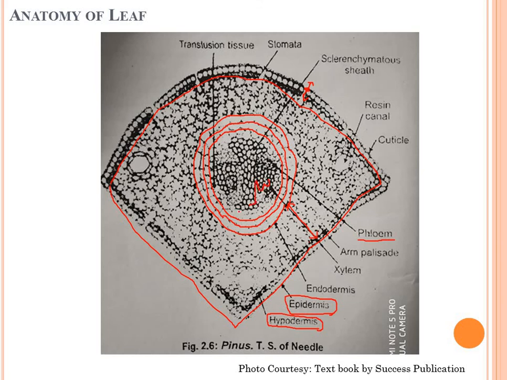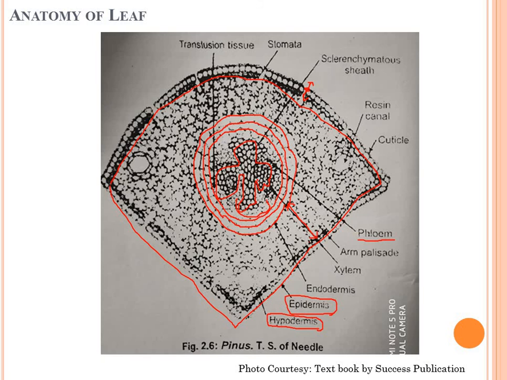See, this is xylem, and this xylem is surrounded by phloem. Outside the xylem, this is the phloem. Xylem is made up of protoxylem and metaxylem. Proto and meta. What is meant by protoxylem? Proto means small tracheids are known as protoxylem.